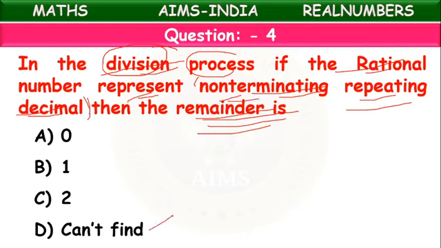It may be any number based on the given numerator and denominator. If it is terminating, we can tell the remainder is 0. Because it is non-terminating repeating, we can't find the remainder, because it won't stop. It will continue like that only. If a remainder comes also, again we can take a decimal point, we can take 0 and it will continue.